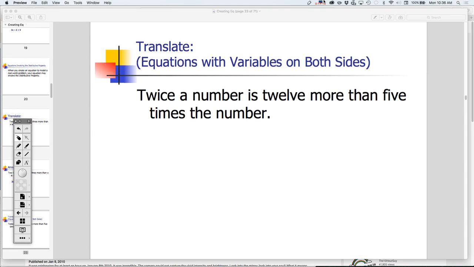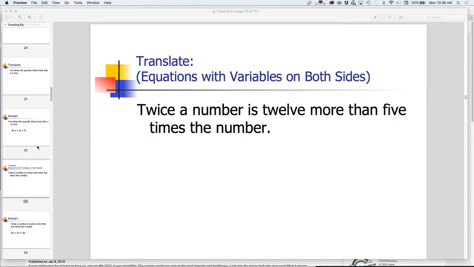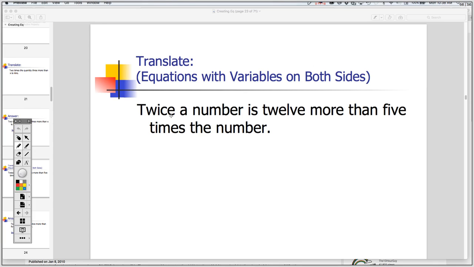Is 12 more than 5 times the number? So, is, 12 more than is plus, 5 times n. Like that? Good job. Alright, so you can use n or x. It doesn't matter as long as you use the variable. They didn't specify what the variable was.